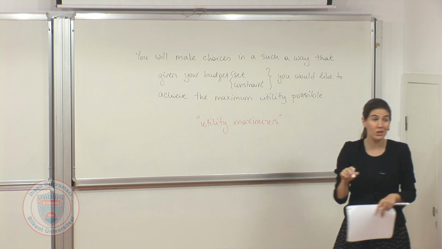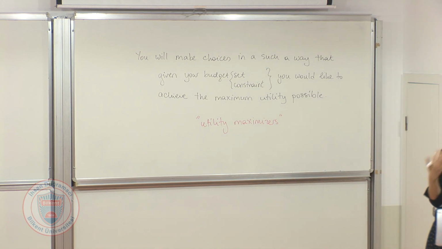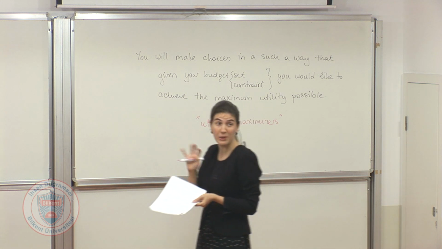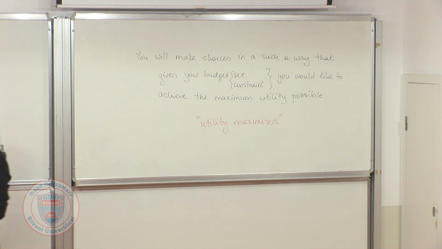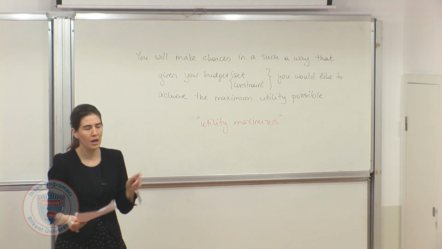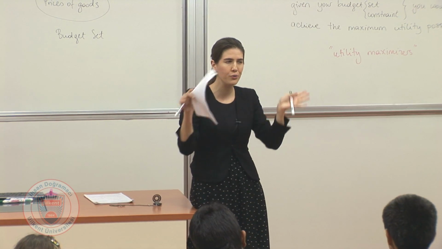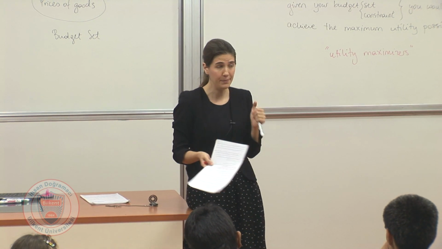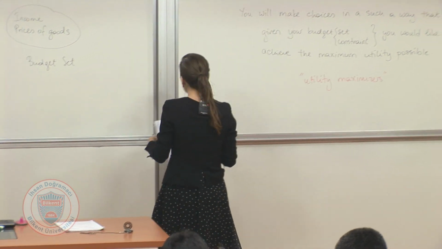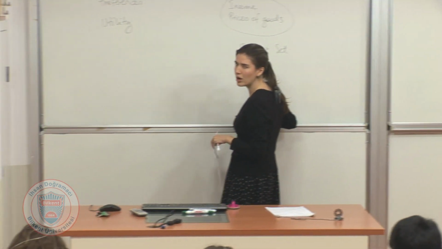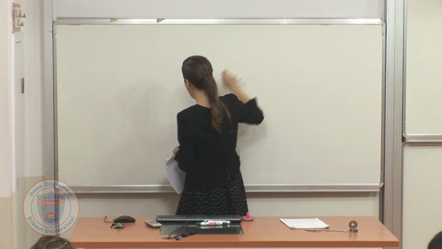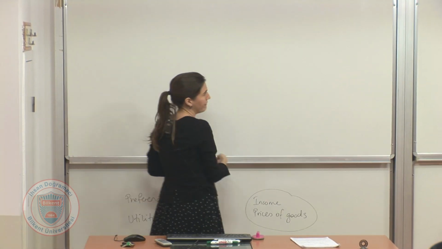You would like to maximize your utility, but of course you will have a budget constraint. So it's going to be a constrained maximization problem. We're going to see how you can solve this problem and form it mathematically. But first, let's try to understand the economic intuition behind it, and see this graphically, okay?